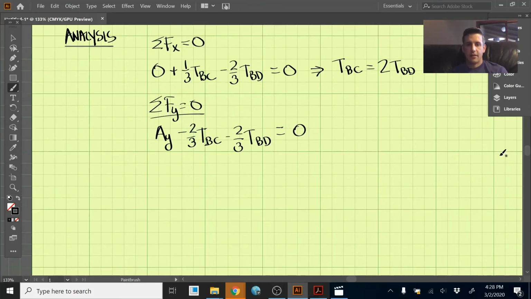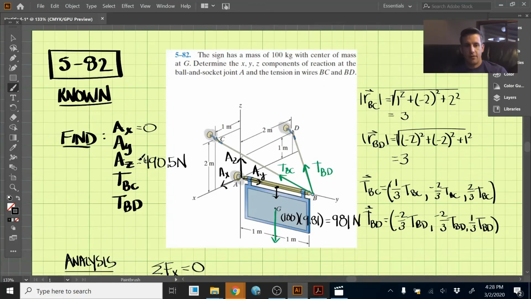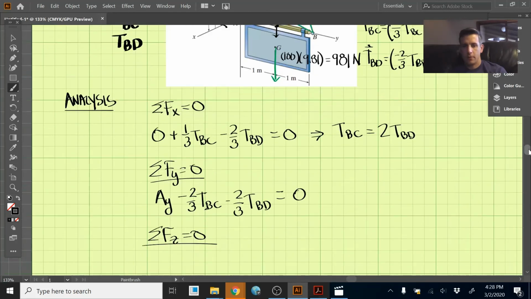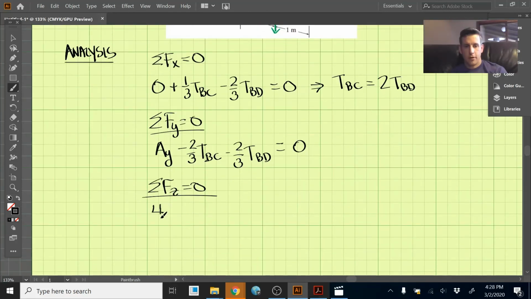And then lastly, let's take the sum of the forces in the z direction. So we have AZ, which we know is 490.5 newtons. And then we have the downward 981, and then also the components of TBC and TBD. So we have 490.5, the sign hanging down is 981 newtons.